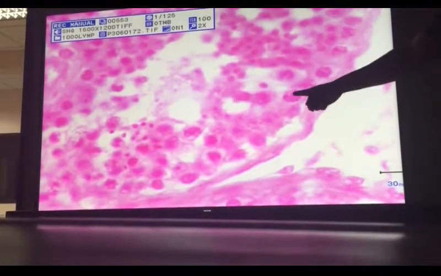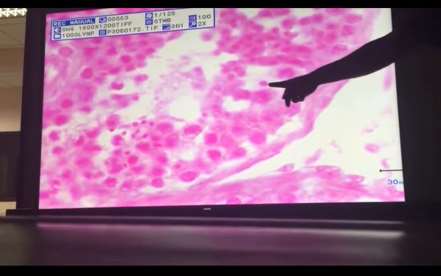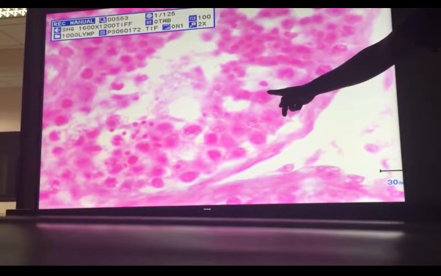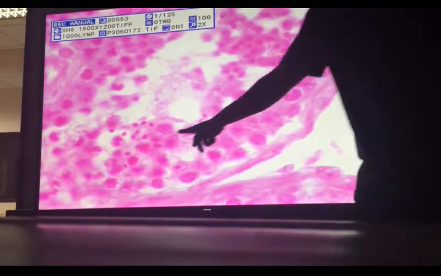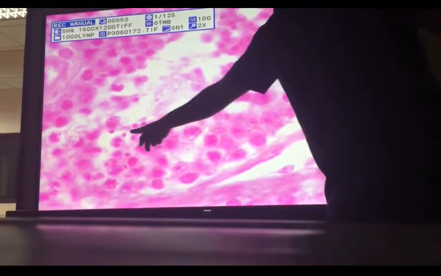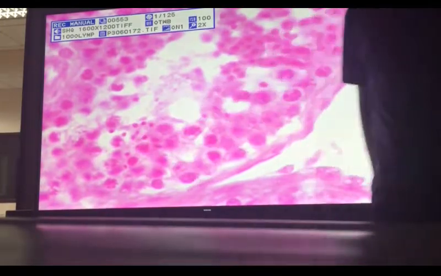Spermatogonium. How about this cell? This cell. Primary spermatocyte. Primary spermatocytes. How about that cell? Spermatid. Spermatid. How about these cells with elongated nuclei?